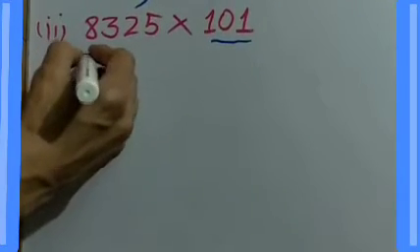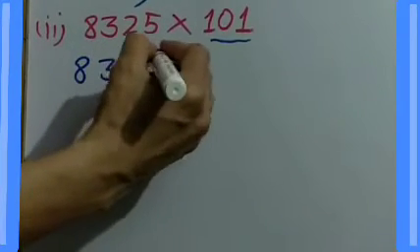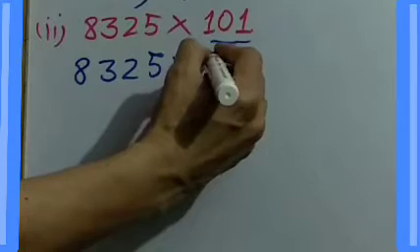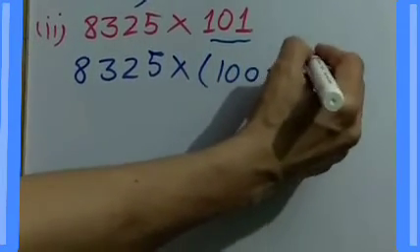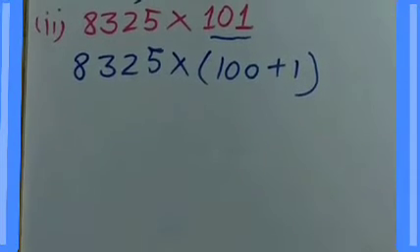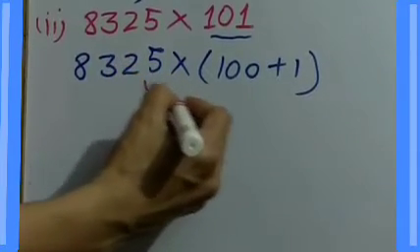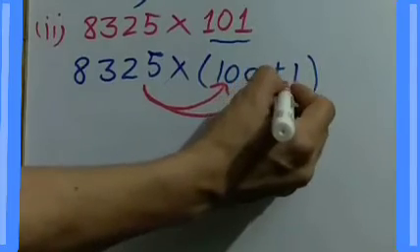I'll write 8,325 multiplied with 100 plus 1. So here I'll use the distributive property of multiplication over addition. First I multiply this with 100, then I'll multiply with 1.